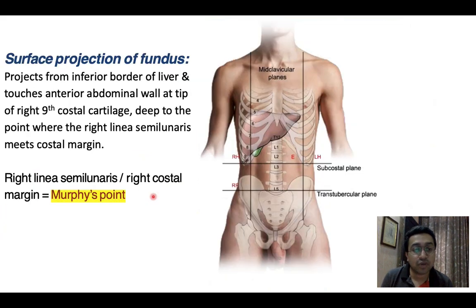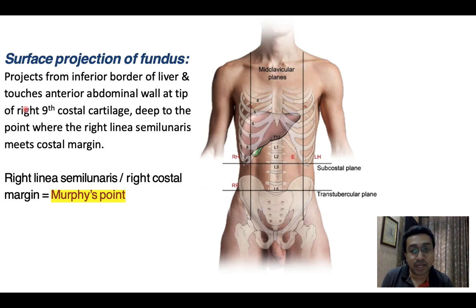This is what I was talking about in the beginning, the surface projection of the fundus. As we are familiar with this diagram, this green part is the visible part of the gallbladder from the anterior view. This is the part of the gallbladder known as the fundus. A short note may be asked on the surface projection of the fundus. It projects from the inferior border of the liver and touches the anterior abdominal wall at the tip of the right ninth costal cartilage.